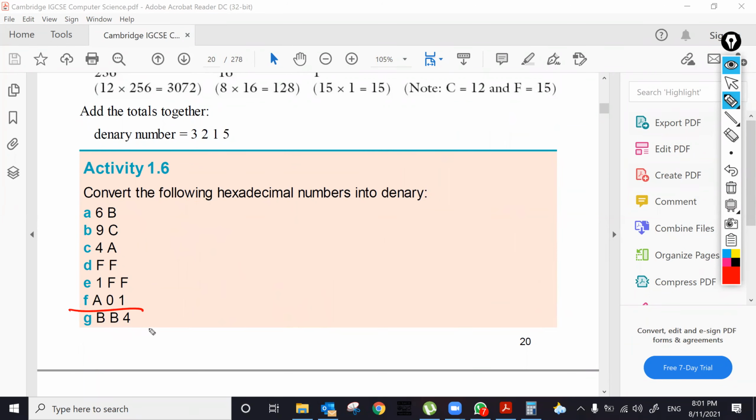Right, and this one. This 4, 11, 16, right. This 21.